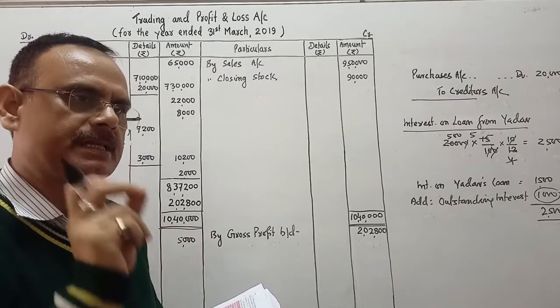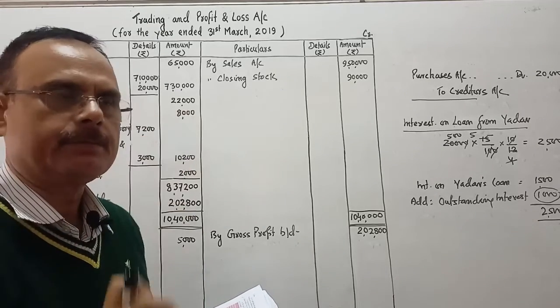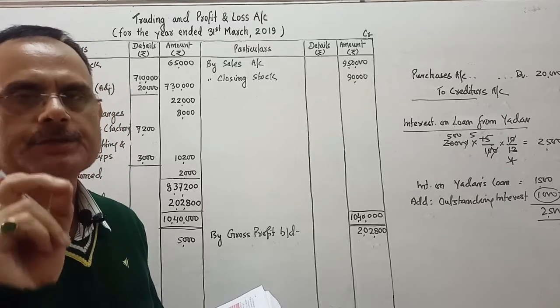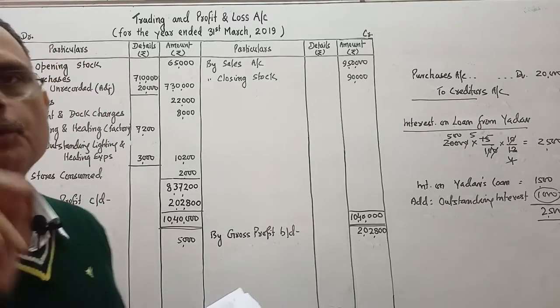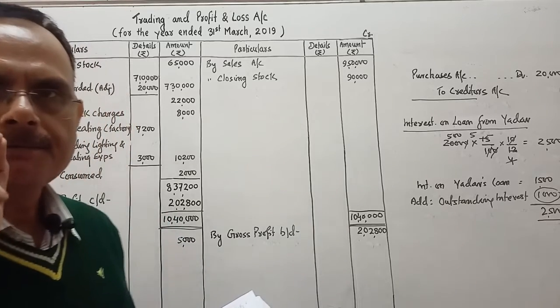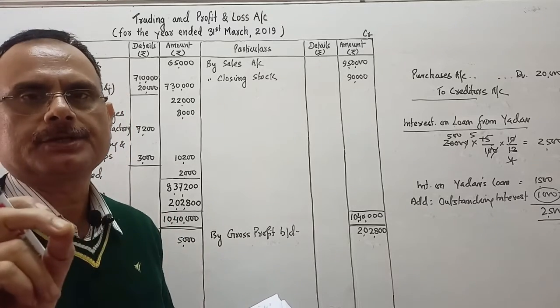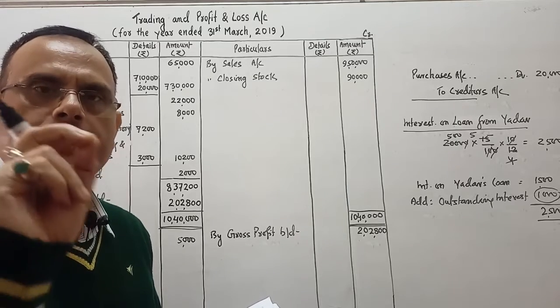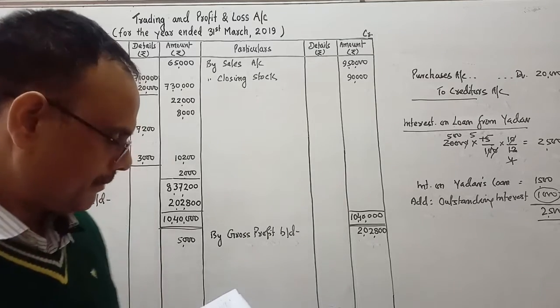As this information is given directly inside the trial balance, it's not an adjustment. So we will write that outstanding trade expenses directly on the liability side of the balance sheet.